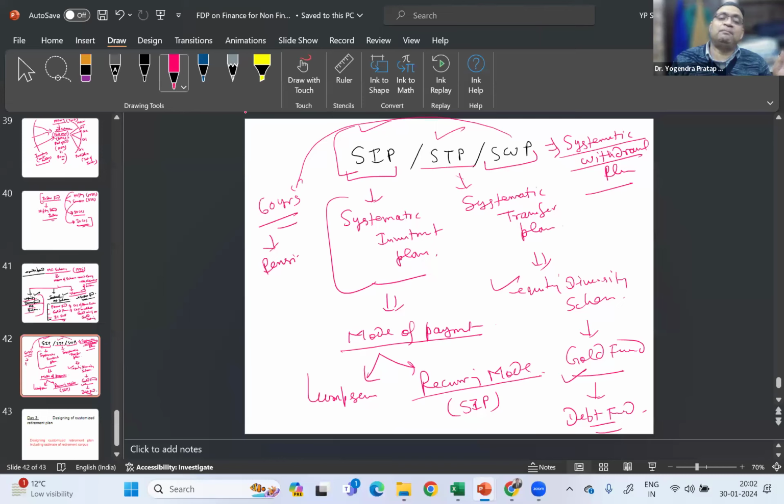So you can plan yourself. During the working life, you start investing in a particular mutual fund scheme through SIP mode, that is recurring mode. And at the time of retirement, you just use this option, SWP, and draw a fixed amount using the SWP option, systematic withdrawal plan.